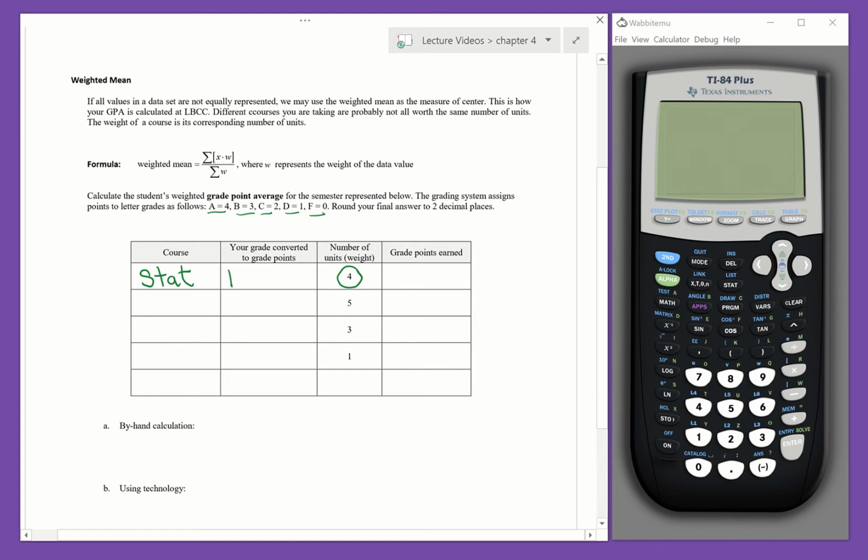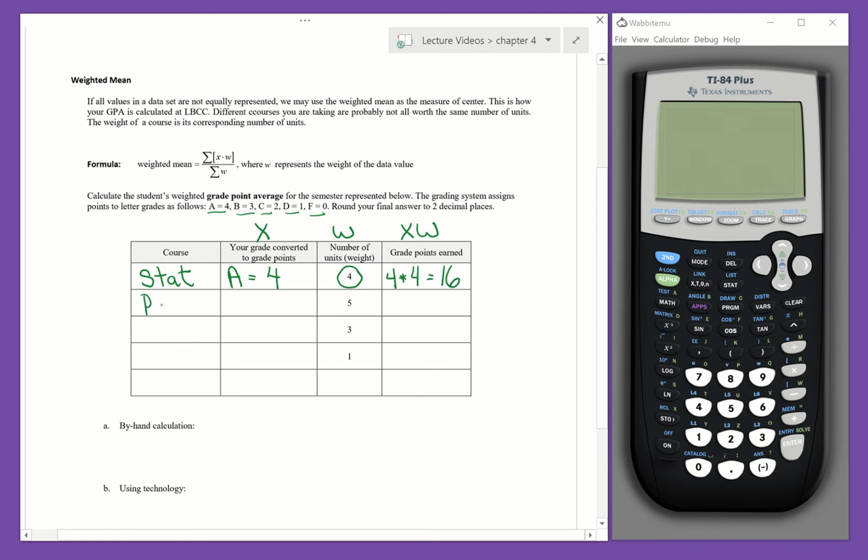So let's say that you get an A in statistics, and we convert that to 4 grade points. Now, it is worth 4 points, but the idea is X, that's your grade, but we weight the course based on the number of units. So when we multiply the points times the weight, you're actually accruing 4 times 4. You're actually accruing 16 grade points.